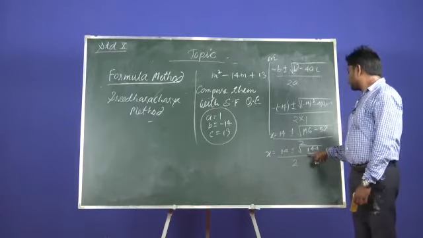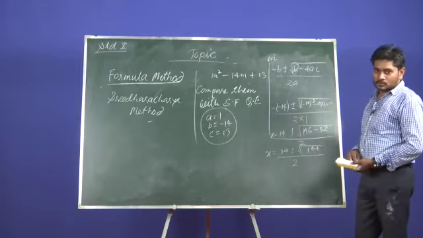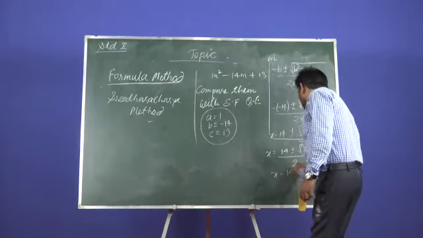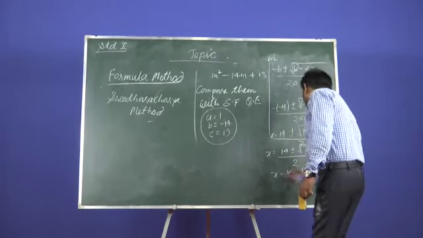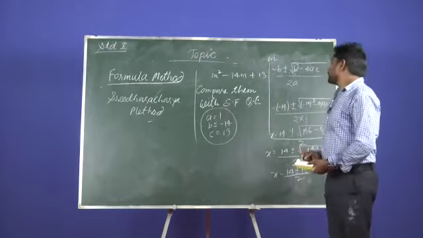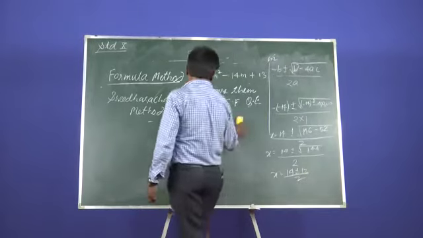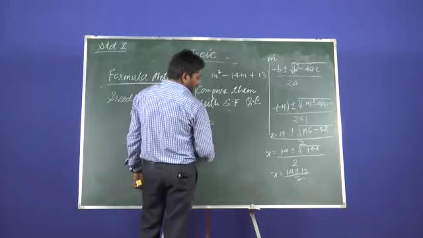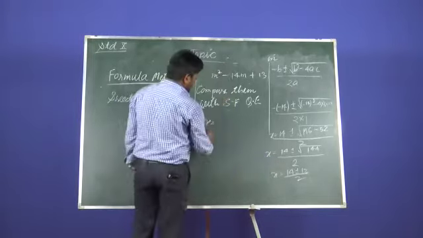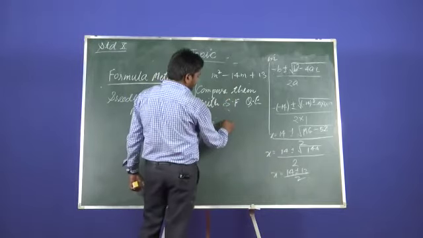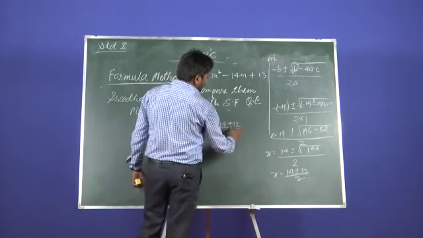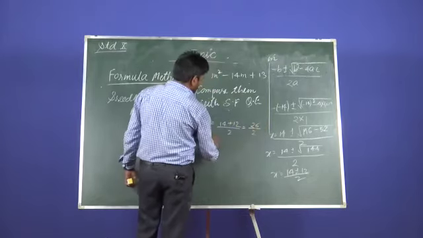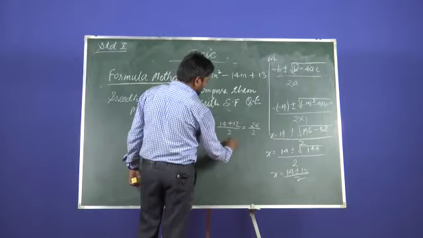You know that root 144 is equal to 12. Now put the value here: 14 plus or minus 12, upon 2. Now solve it again, then you find the values of the roots. Taking the positive sign, x positive is 14 plus 12 upon 2, which is 26 upon 2, which gives 13.